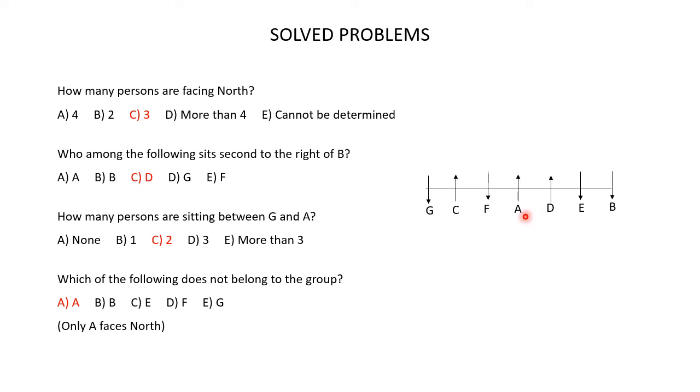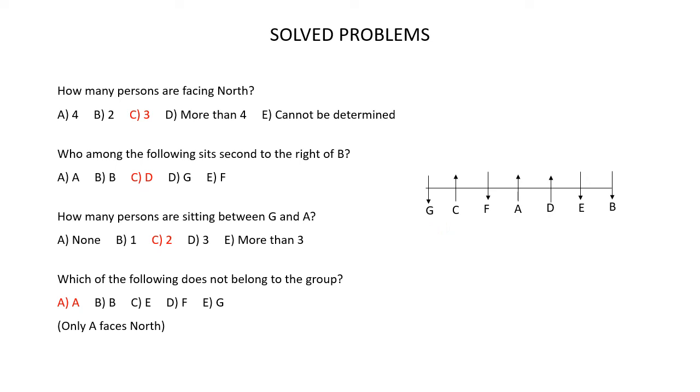Option A is A. So A faces north. Option B is B. B faces south. Option C is E. E faces south. Option D is F. F faces south. Option E is G. G faces south.